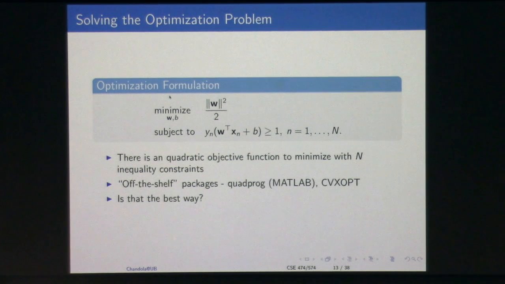In geometry, to draw a line you just need two parameters, whereas here W will have two elements and then B, so there are three. That's why there's a little confusion there.